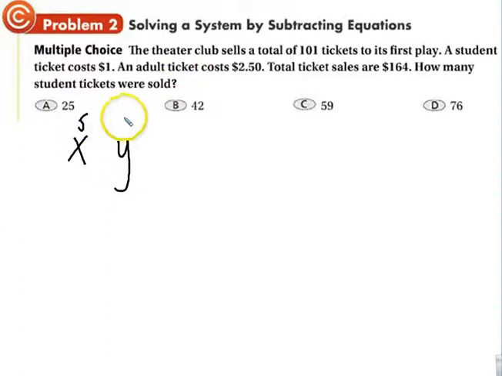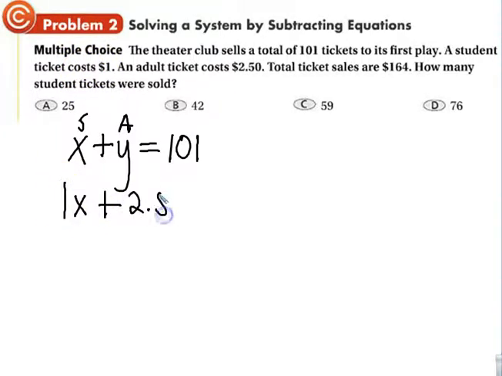They sold a total of 101, so if I add these two together, I make it 101. Okay, and then student ticket costs $1, so 1 times x plus 2.50 times y is equal to $164.